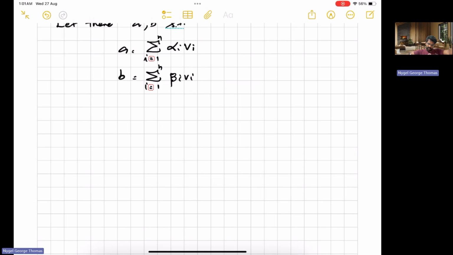Both these vectors are spanned by the same set of vectors v1, etc., vn. Both a and b belong to the span of v1, v2, etc., vn.